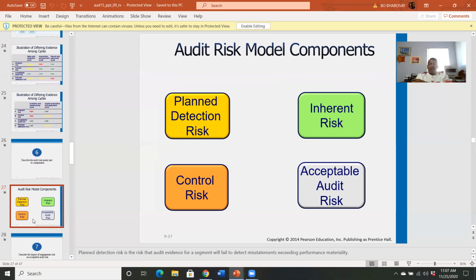Inherent risk: the likelihood that the financial statement may be misstated before taking into consideration internal control. Control risk: the risk that errors and irregularities will not be detected by the client's system of internal control.